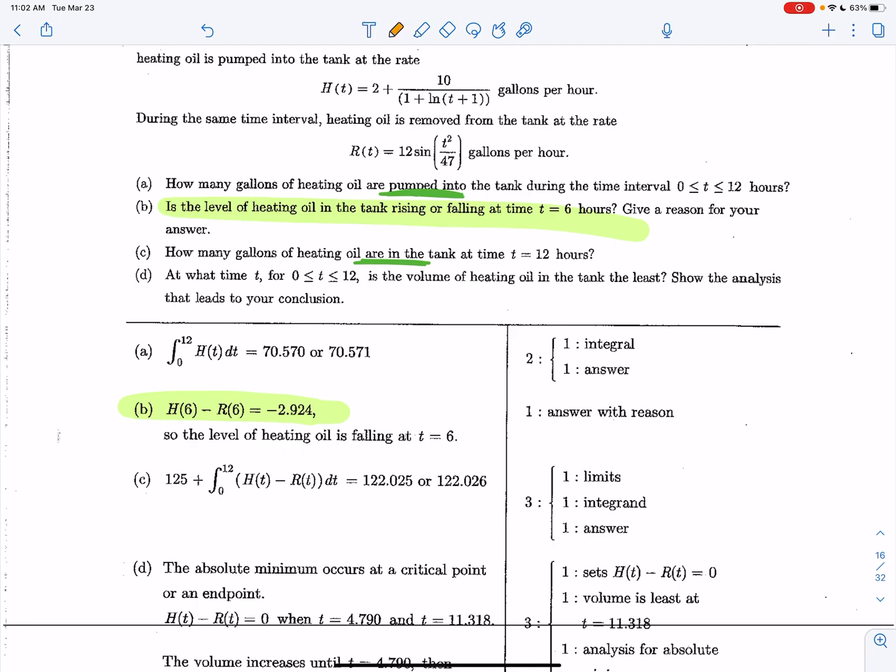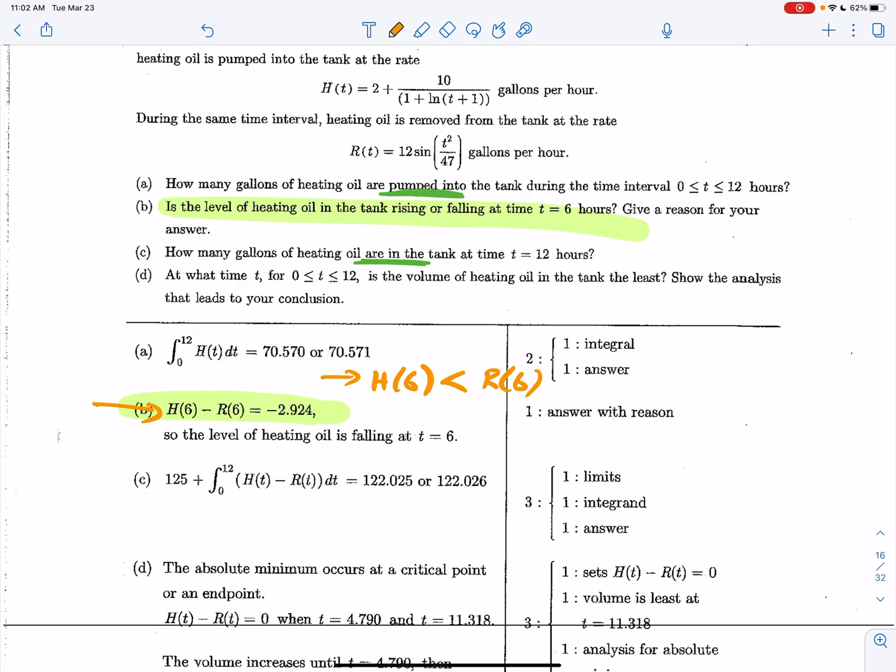So here they wrote h of 6 minus r of 6, or you could simply find h of 6, find r of 6, and use an inequality symbol, whichever is more intuitive for you.